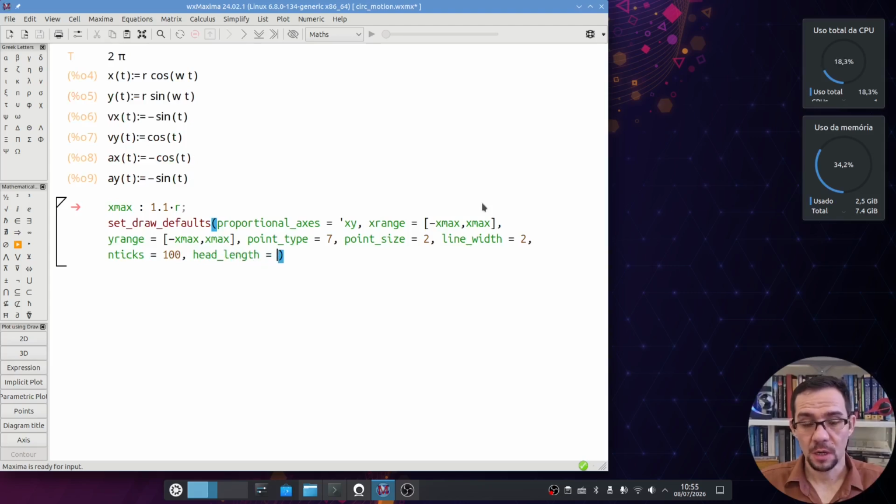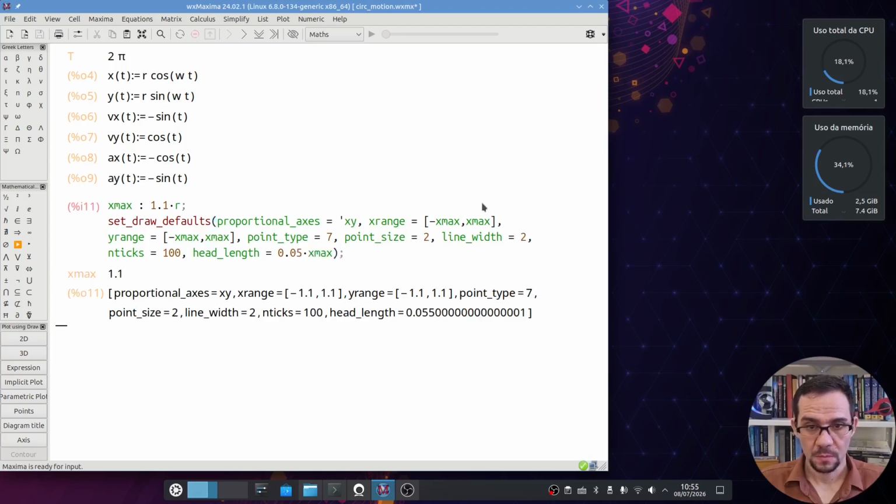Determine the size of the vector heads, and let's set it to this value.